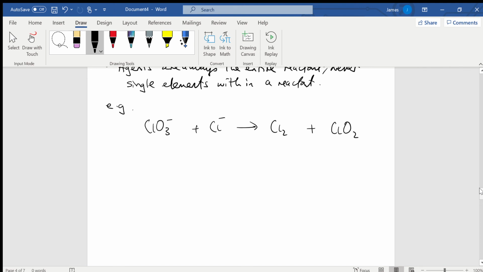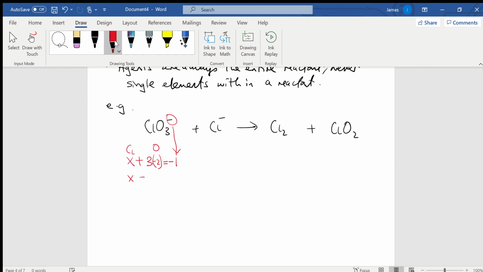Okay, so first thing I would suggest that you do is write oxidation states. So we know that this whole thing is -1 because of that charge. I've got 3 -2 oxygens, and I've got whatever chlorine is on this occasion.